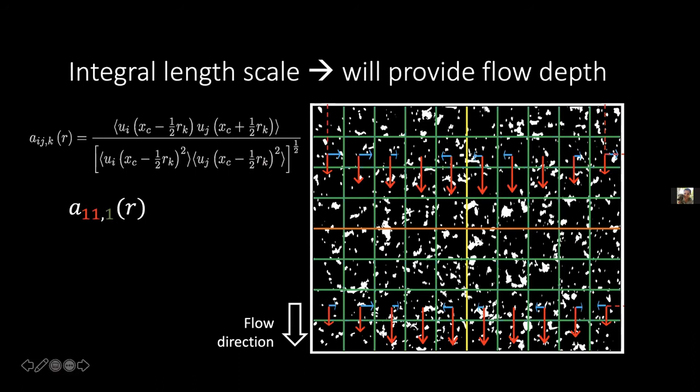If we have an eddy that takes up this entire span, we're going to see a different correlation than if we have really tiny eddies that do not have a strong spatial correlation. So we can calculate the integral length scale, or our eddy size, using both the downstream and the transverse velocities, and then see how these two different integral length scales compare to our flow depths.